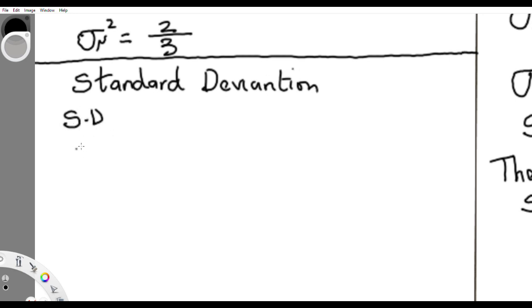Standard deviation in notation form is just this, equals the square root of what? The variance. And this notation is actually very reasonable, since this one can just cancel this one out and then it gives the standard deviation.